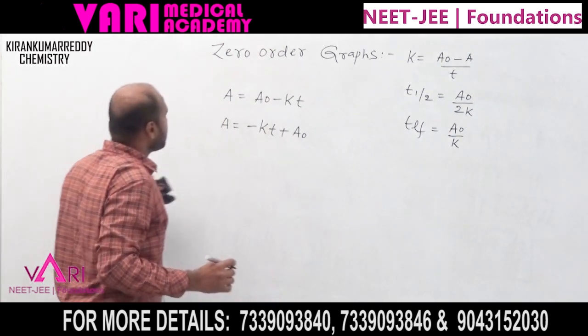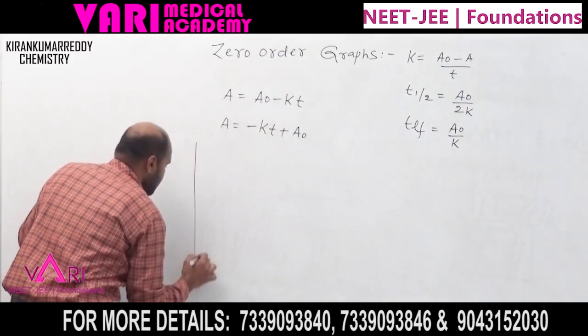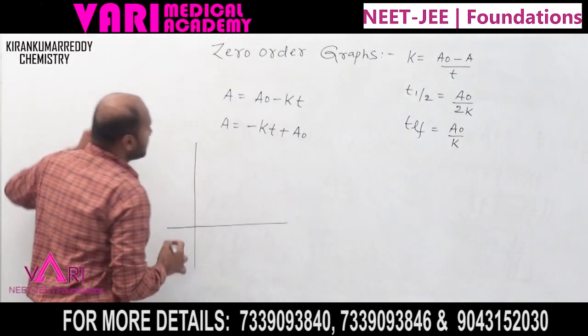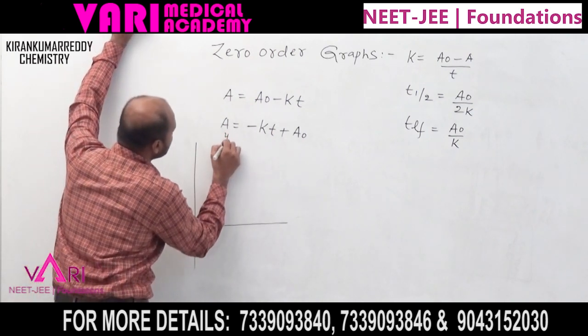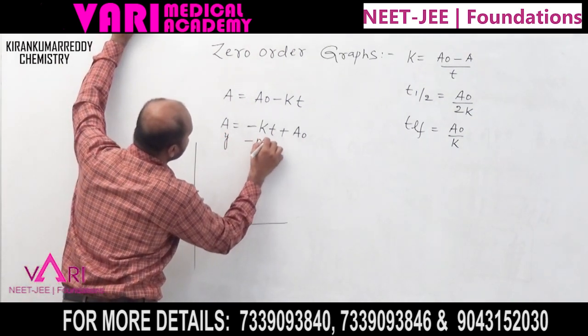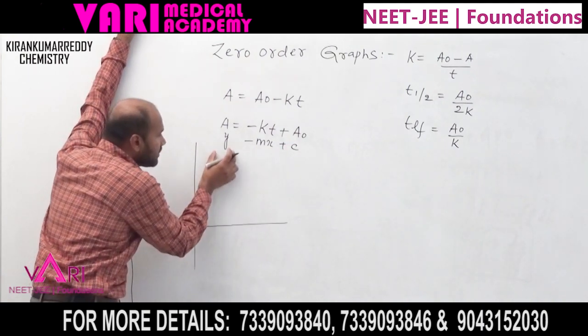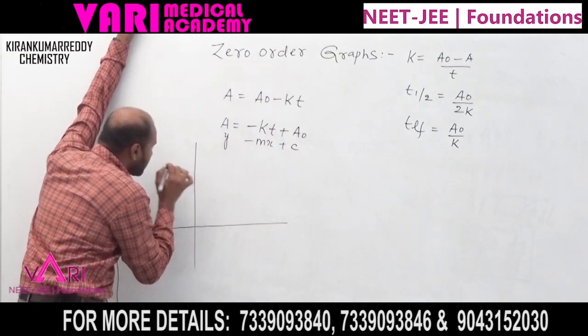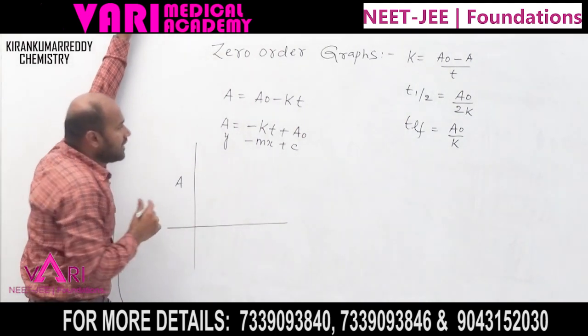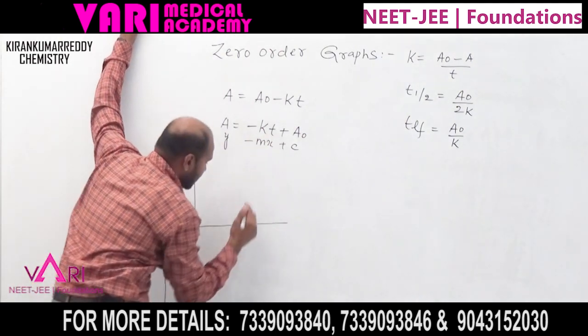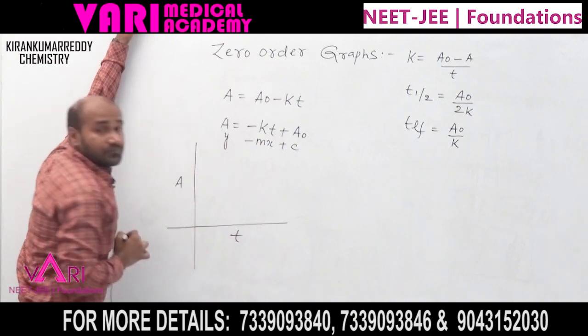These are the equations you have to remember for zero order reaction. Now plot the graph between y-axis and x-axis. We are taking the equation y is equal to minus mx plus c. In the y-axis I am taking A, and on the x-axis I am taking t.